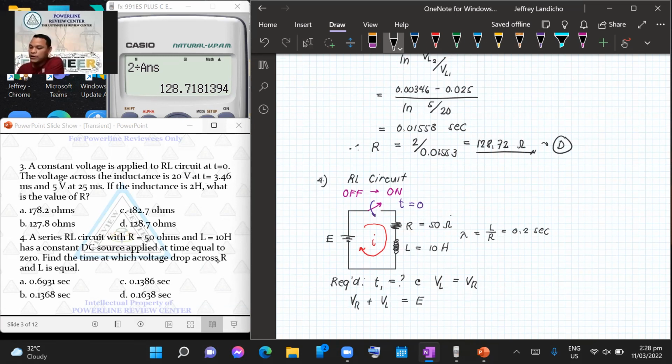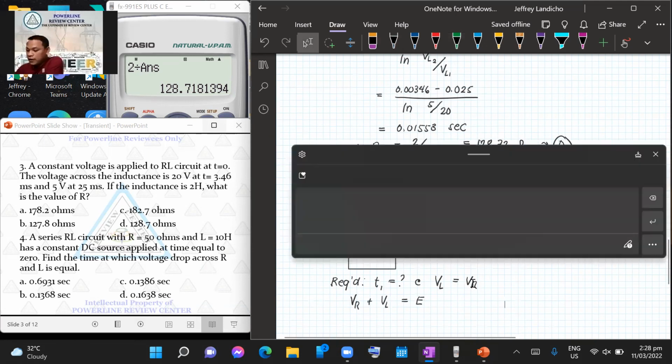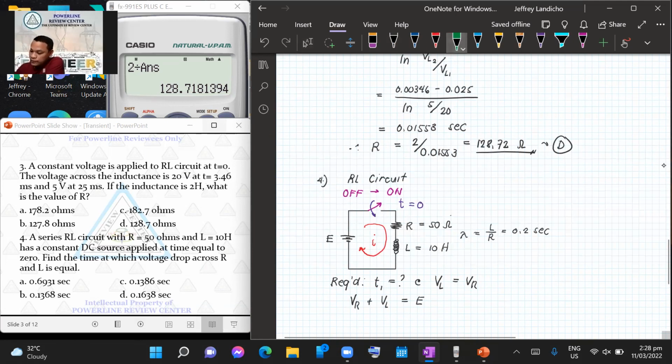Source voltage. So therefore, palitan ko na lang VR as VL. Substitute ko dyan. Anong makikita natin? That twice of VL is equal to the source voltage.